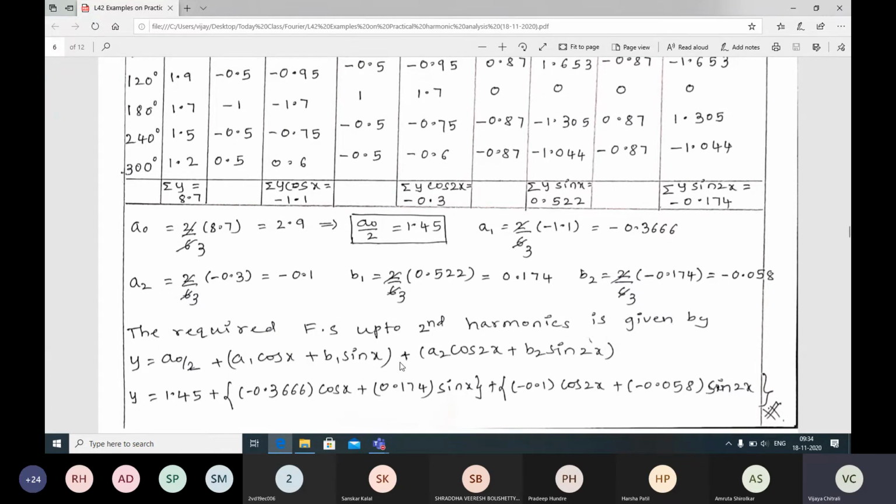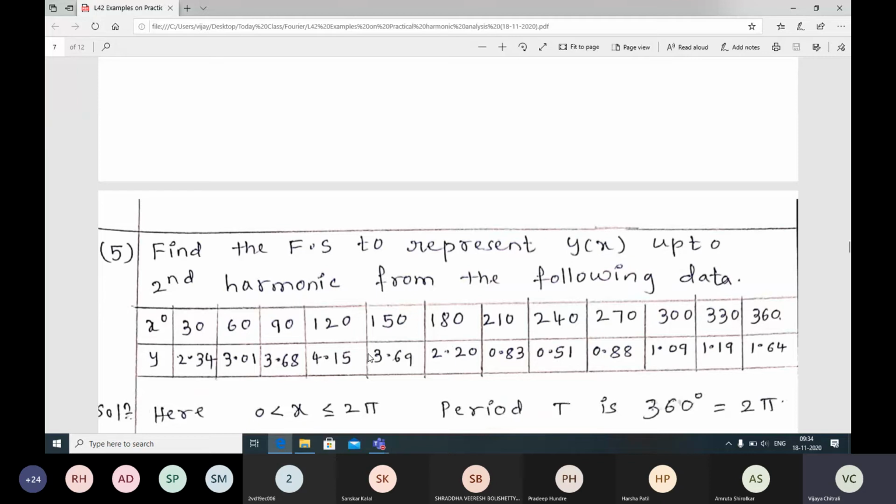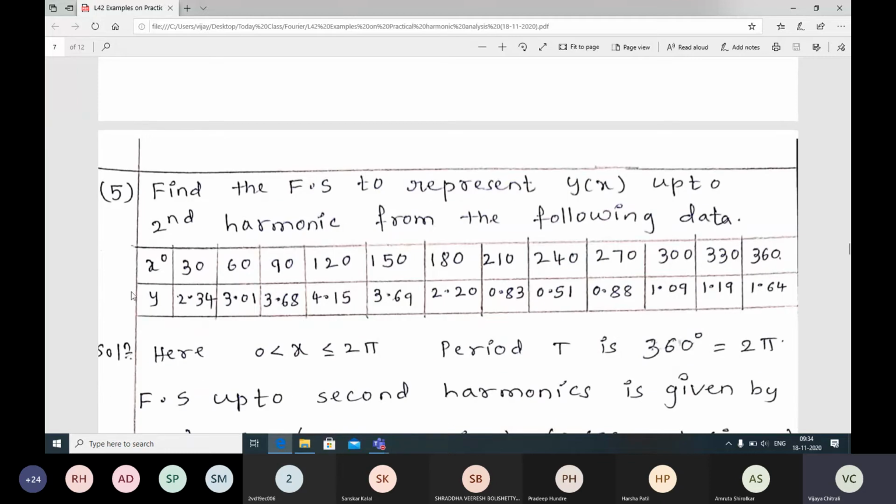A little bit different one. So far we have considered x values in degrees. Find the Fourier series to represent y of x up to second harmonic from the following data. Up to second harmonic means we again need to find a naught by 2, a1, b1, a2, b2.